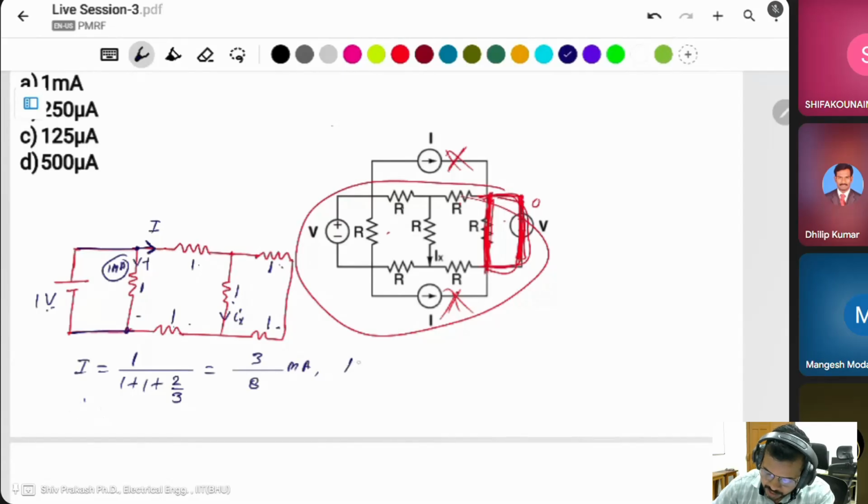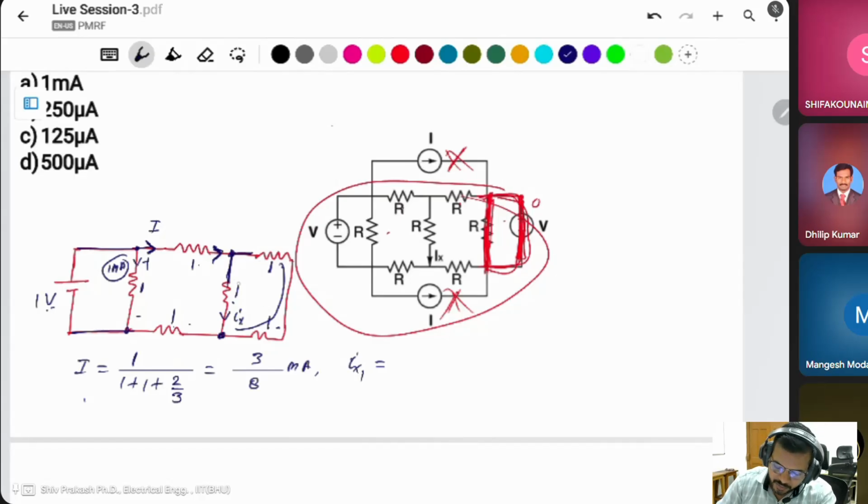Then what is Ix in this case? I written as Ix1 here, first case. This current is divided into two parts, this part and this part. Both are at the same potential, that's why they are connected in parallel.